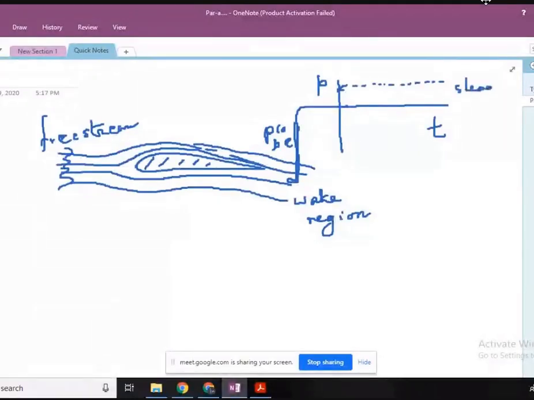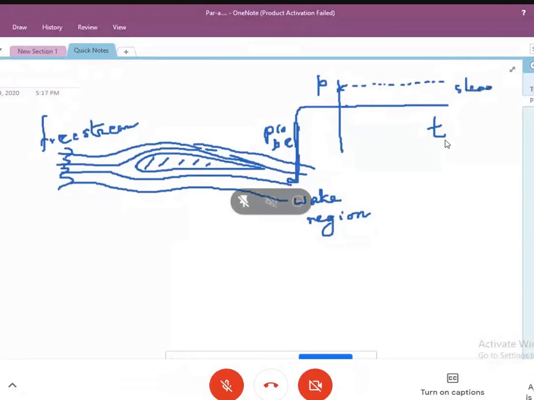If I expect the flow to be like this, when I try to model this in CFD software, or if I try to write a code, I will go with a laminar steady flow solver.